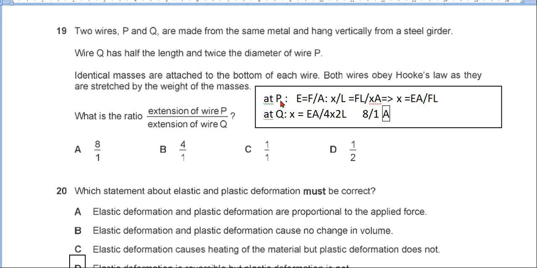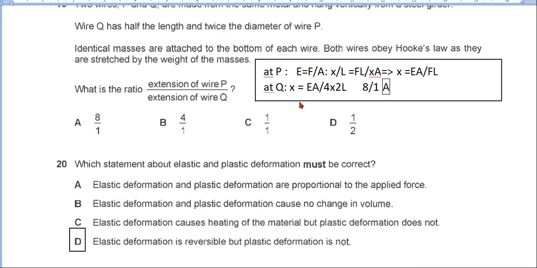So for wire P we have this extension, and for wire Q we decrease the area by 4 and decrease the length by 2, so 8 times less extension. This formula for extension comes from the Young modulus, actually.